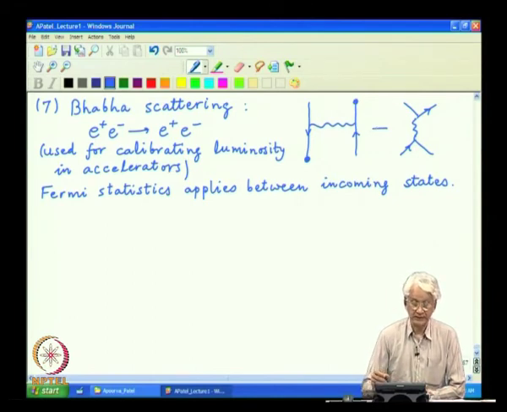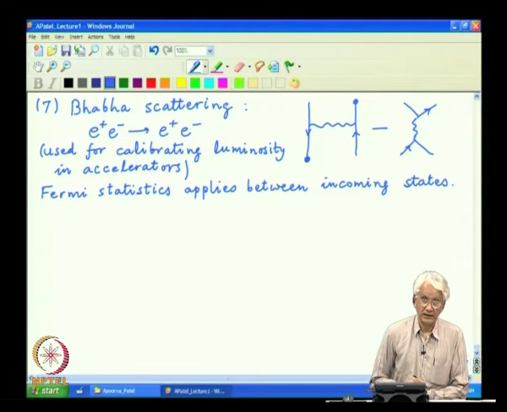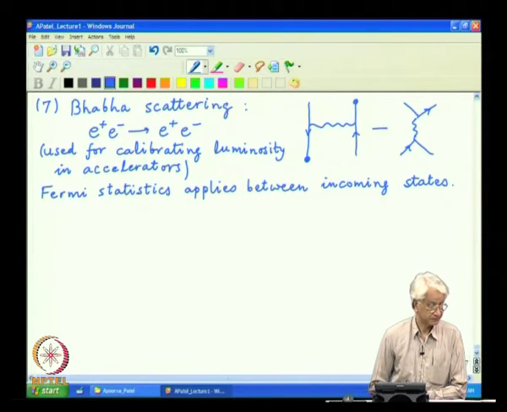But in this particular case, the 1 over 2 factorial which we included for two identical particles in the cross section is absent, because on either side of the calculation, of the two objects which are there, one is an electron and the other a positron, and they are indeed distinguishable.